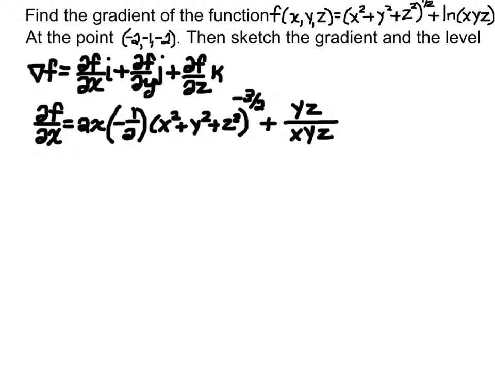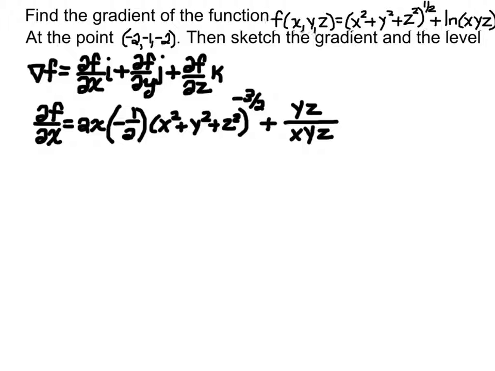Let me pull this down a little bit. It was a little hard to see the exponent that we had here. That's a 1/2. Okay, so we can cancel out here. We've got a 2 here, and this 2 cancels out. And the z cancels out, and the y cancels out.